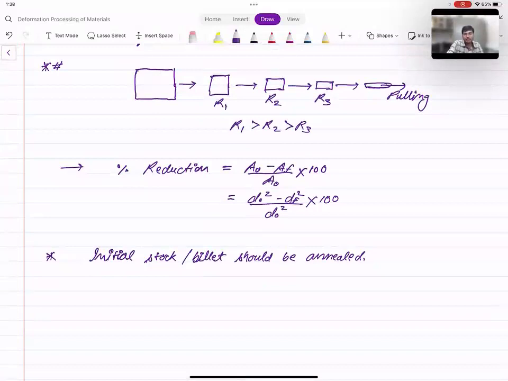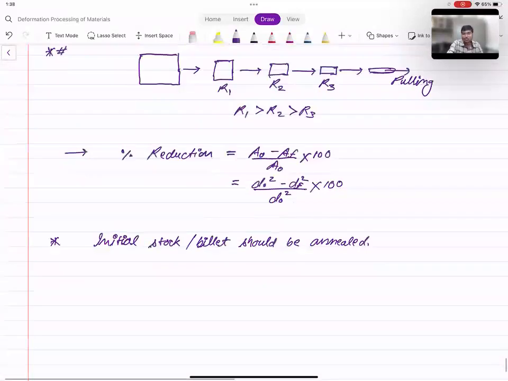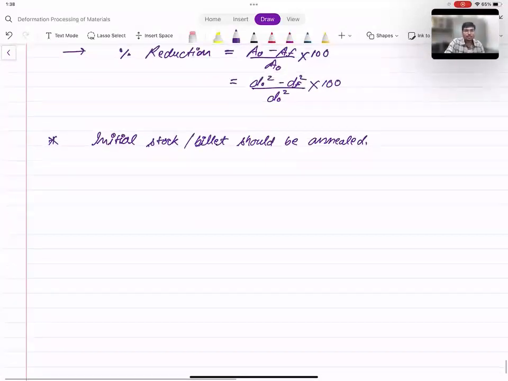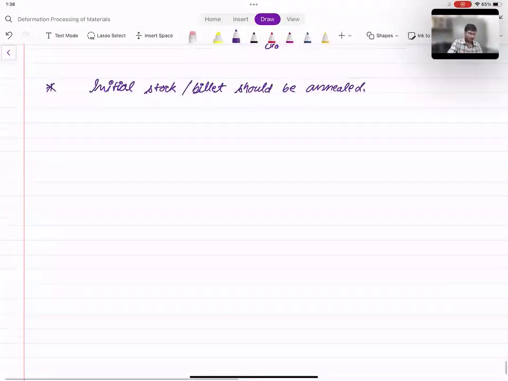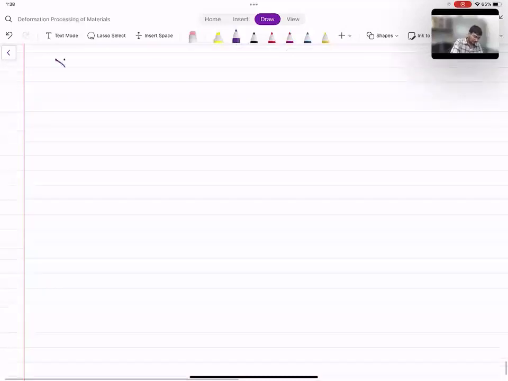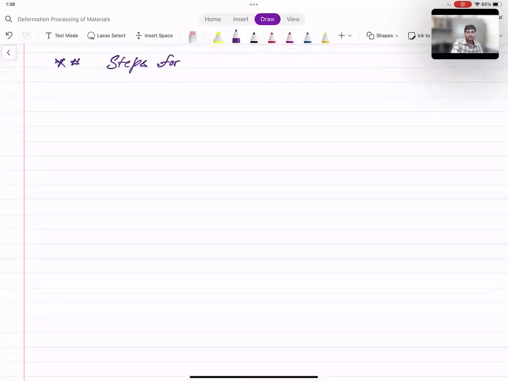So these were some requirements, and basically the type of variations occurring during the drawing process. Now let us see some of the major steps for the drawing operation which are followed. Here, although I keep saying drawing, we are referring to wire drawing.